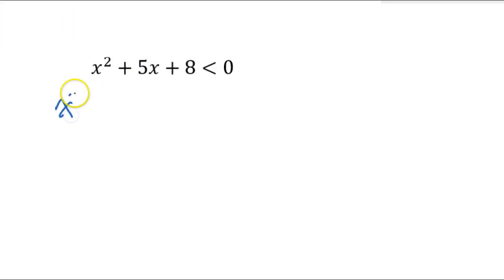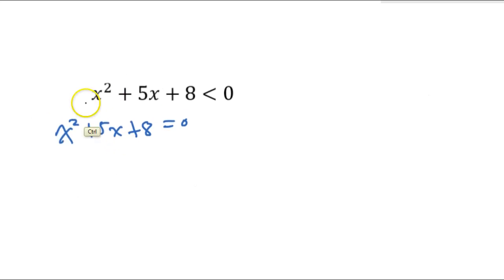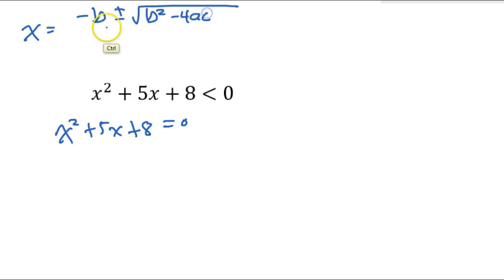So I'm solving the related equation x squared plus 5x plus 8 equals 0 using the quadratic formula. So remember that the quadratic formula goes x equals opposite of b plus or minus the square root of b squared minus 4ac all over 2a.